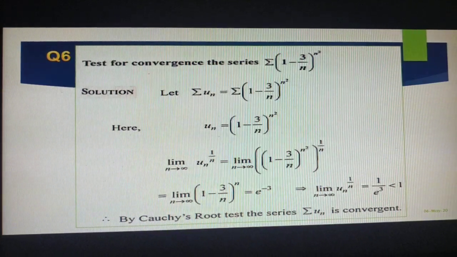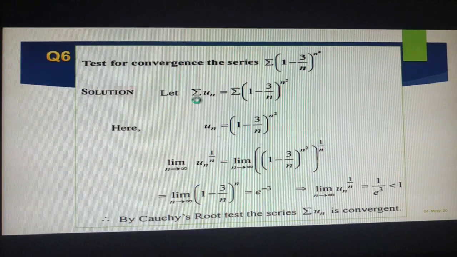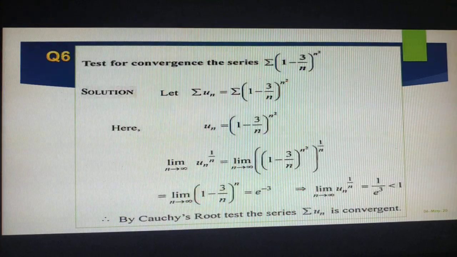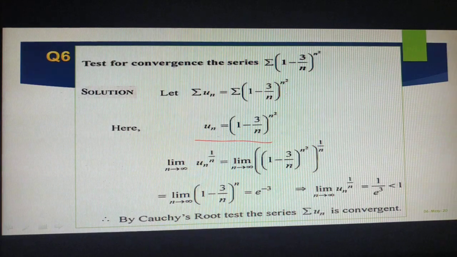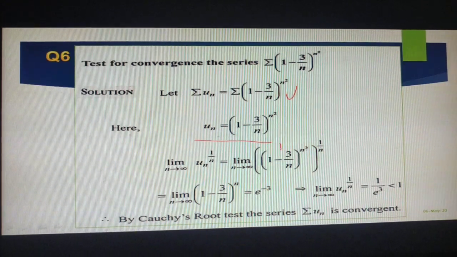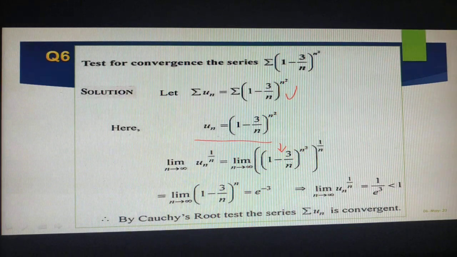So let us see one more problem. This is similar to this problem only. Anyway, we have the nth term here, un, beside your sigma symbol, that you plug in your formula, whole to the power of 1 by n, and n will get cancelled. So now here, 1 minus 3 by n whole to the power of n.